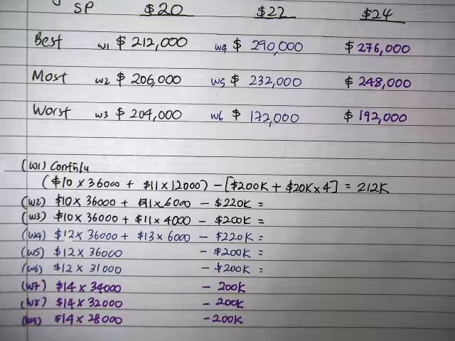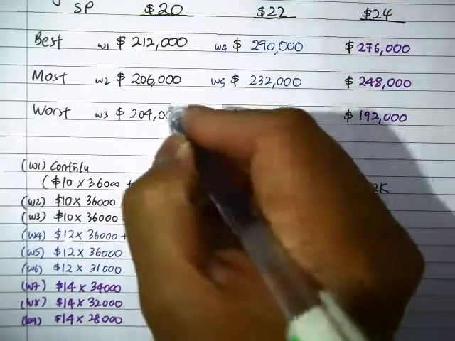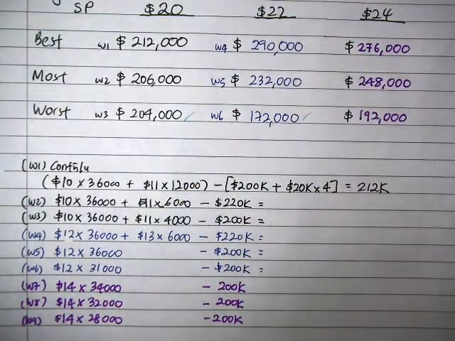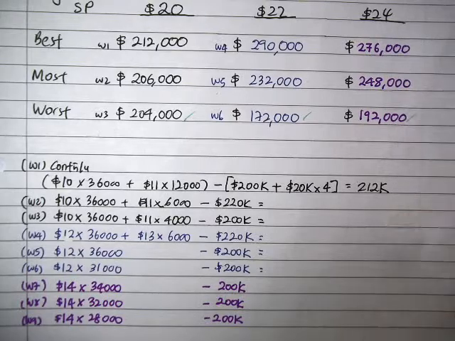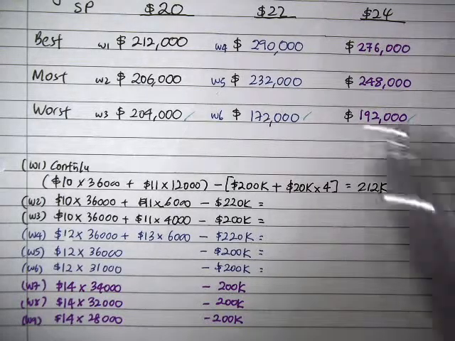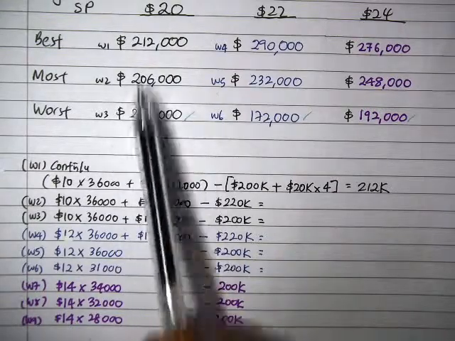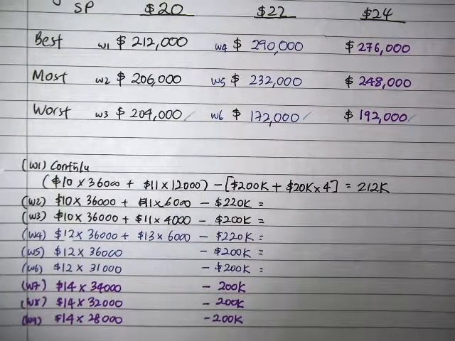Min is when you assume it's the worst. So the worst means you must look at the lowest. So in 20, the lowest is 204. 22, lowest is 172. 24, lowest is 192. So which one is the best of the worst? 204, right? So the price should be set at 20.